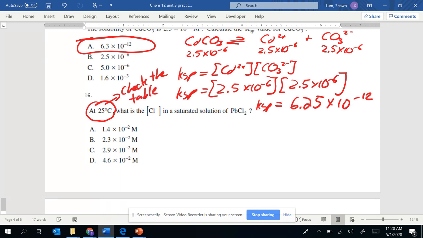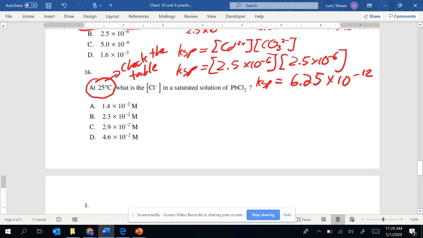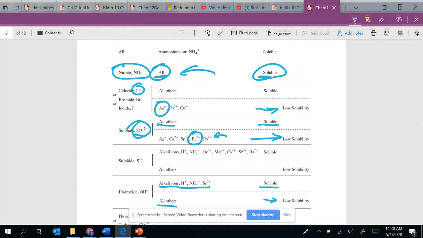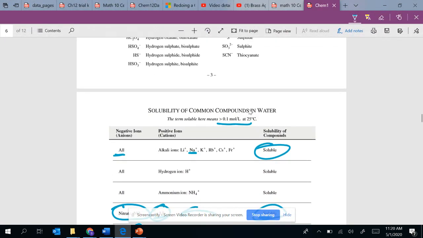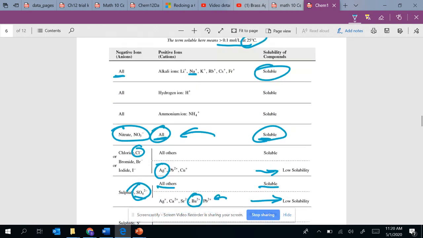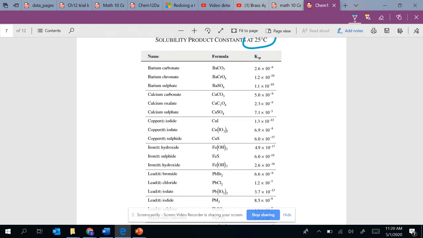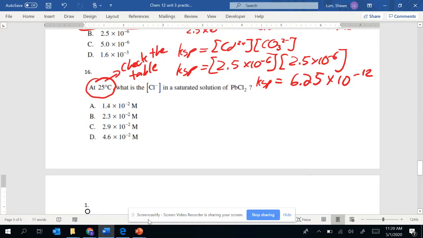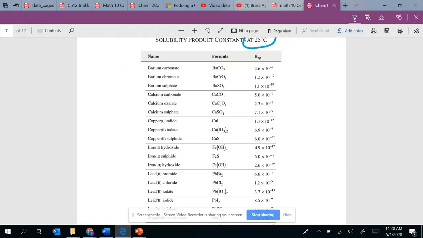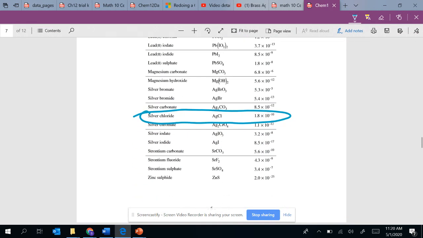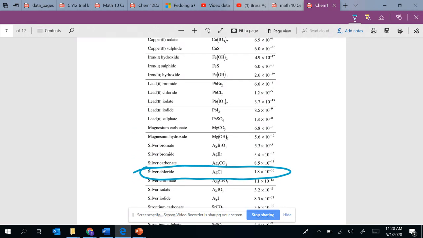Because when we talk about Ksp, all these Ksp numbers are given to us at a temperature of 25 degrees, including these ones right here. So when it says 25 degrees, it's not like you use that for a calculation. It just means, hey, you can use your table on this one, and you should be using your table. So we're looking for PbCl2, so let's go back to our table and look that up. For PbCl2, there it is.